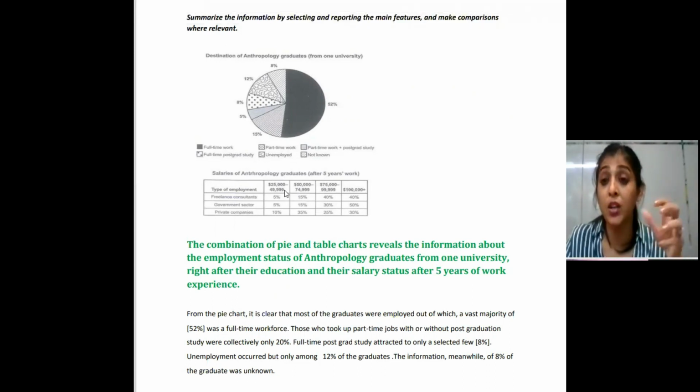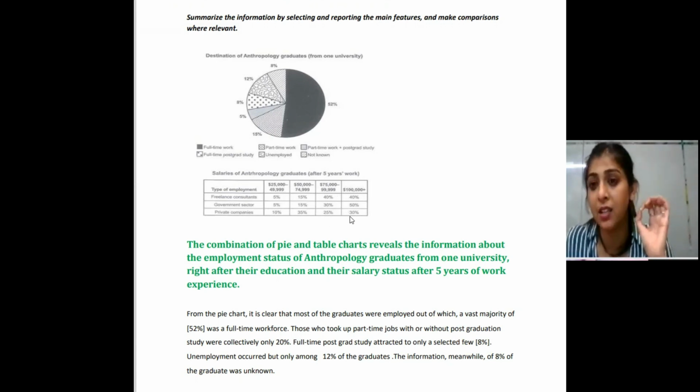So in order to make it simple for you, first of all, you can divide it into 2 categories. One is the low income bracket. Low income bracket is from $35,000 to 49,000. All right. And then $50,000 to 74,000. So they are in low income bracket, and other two are in high income bracket.